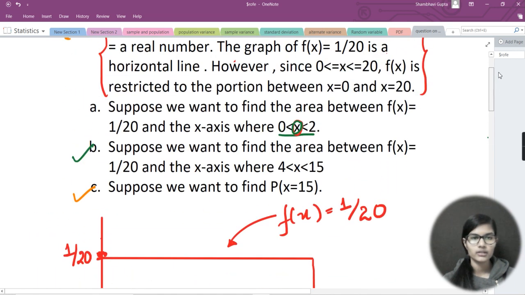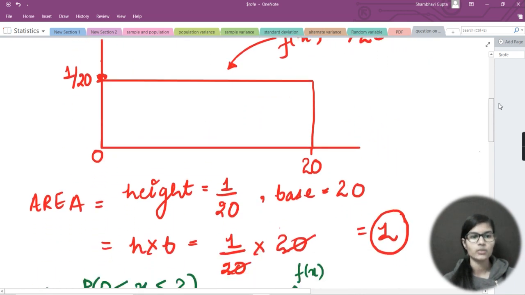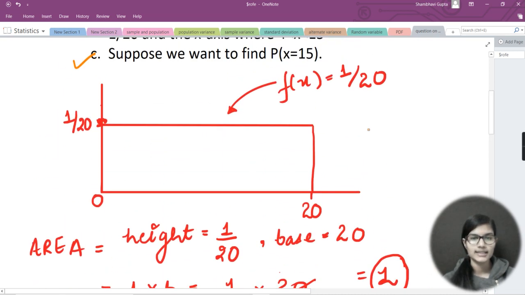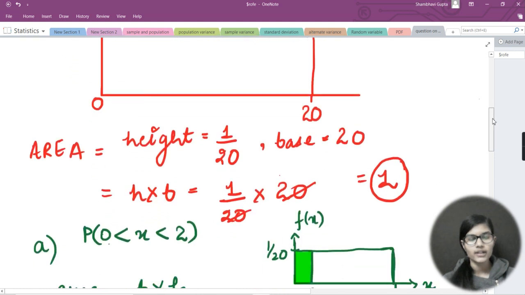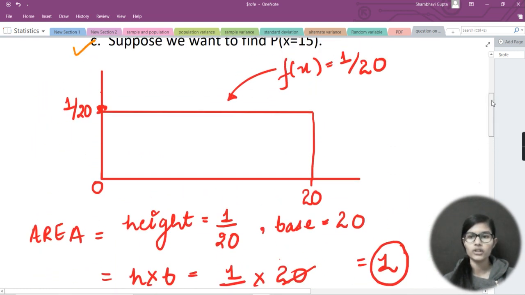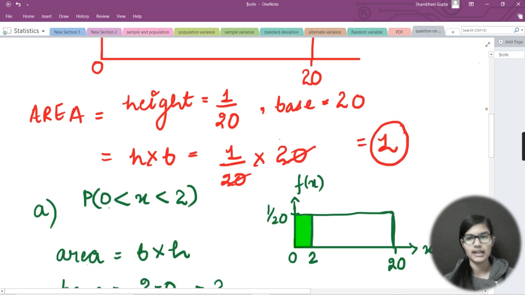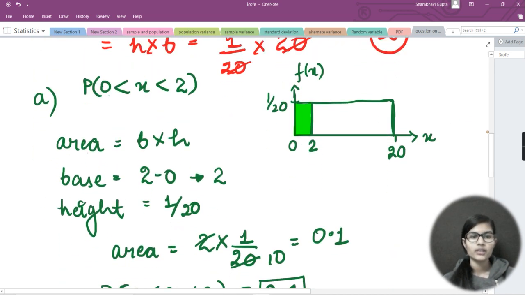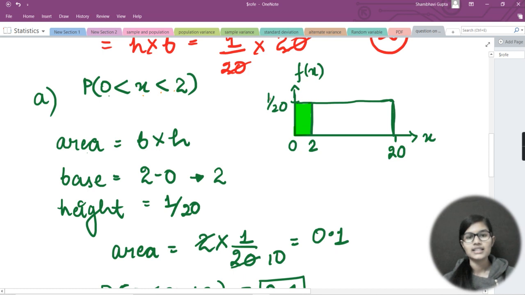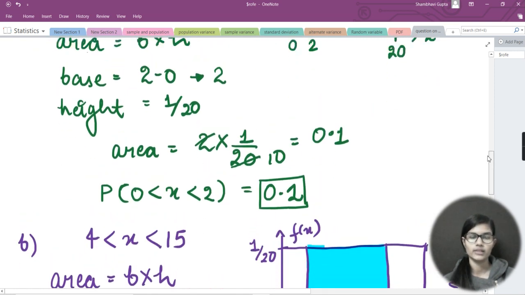Firstly, we found the area for this rectangle, because the area under the probability distribution function has to be 1, and I wanted to show how it is 1. Next, with the condition 0 less than x less than 2, I wrote 1 by 20, made this graph, and found the area, which was 0.1.